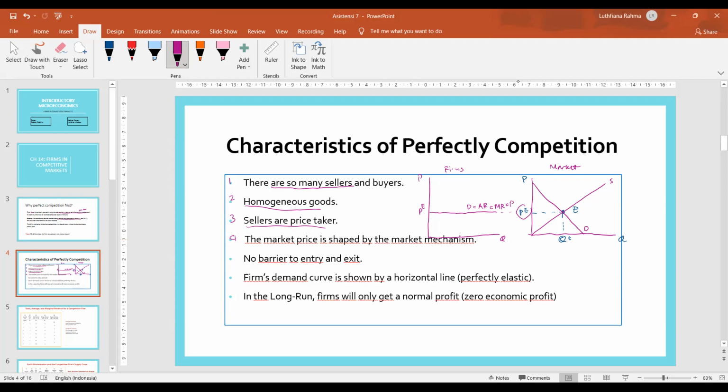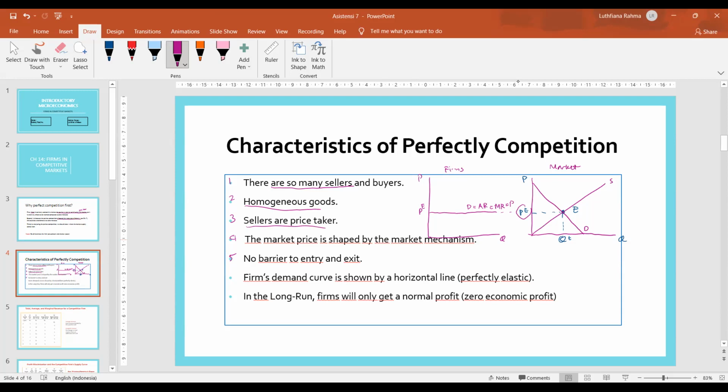Okay, and then the characteristic number 5, there is no barrier to entry and exit. So all people outside the markets can enter the market anytime without any barrier. They can easily get into the market and join to sell the goods.